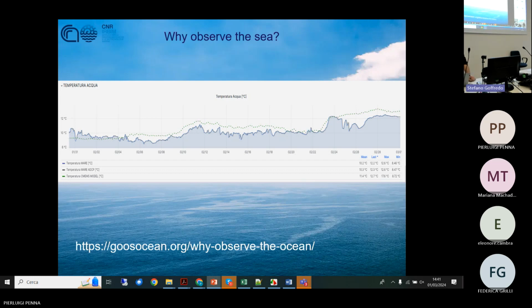Okay, this we can skip, but at this link there are a lot of more precise, more official reasons to observe the sea. We know the global change, heat waves above the Atlantic Sea. Last years there was a big mortality of mussels. Some researchers hypothesized that the food flux trend is negative, and also heat waves.